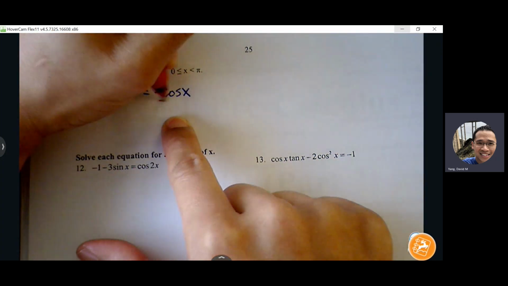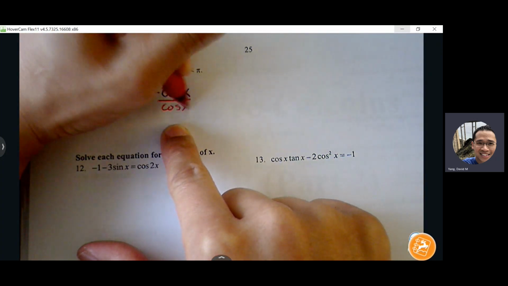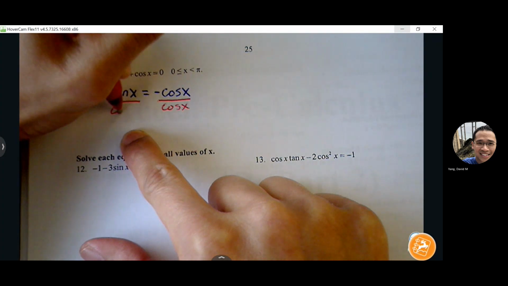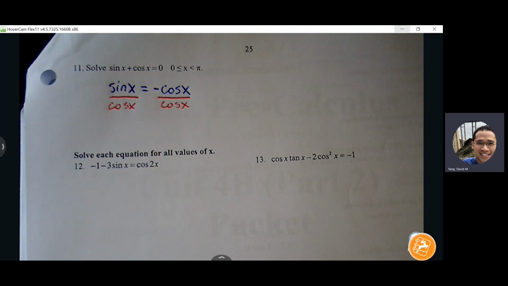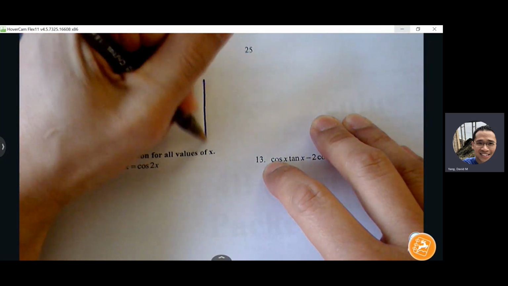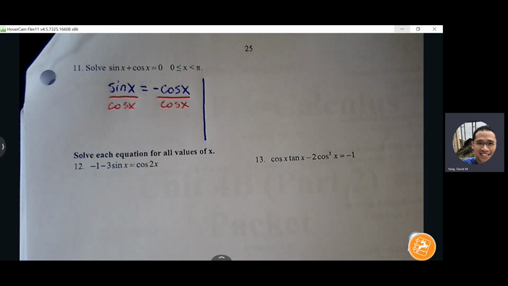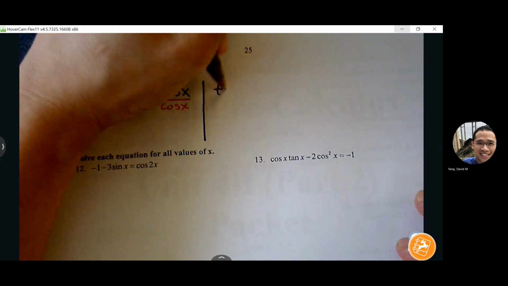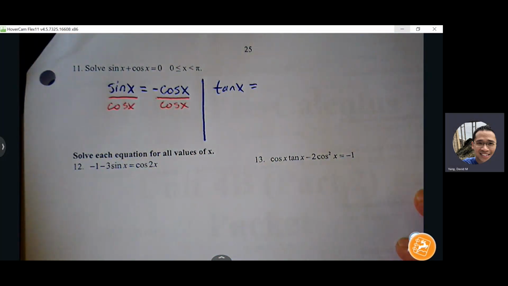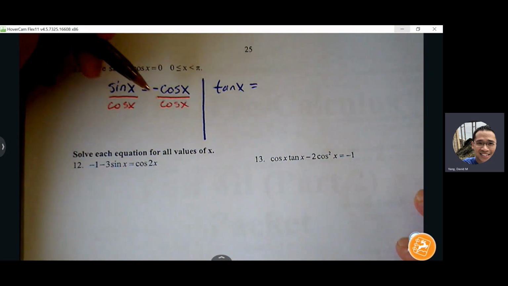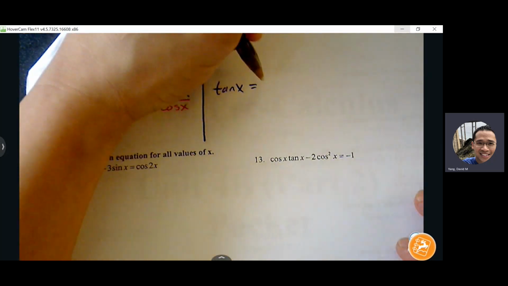So the trick here is if I divide both sides by cosine, I'm not losing that cosine, but I'm allowing that sine over cosine to create a different look for our problem. And it makes it more apparent what we can do, right? So sine over cosine becomes tangent. And cosine over cosine is, there's that negative carrying over, but it's just -1.